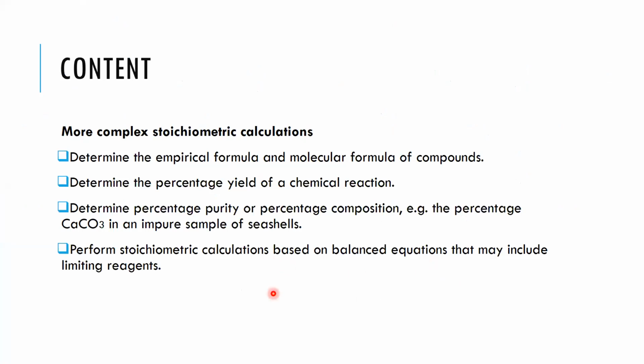When we look at the content today, we don't see mole ratio mentioned here, but for example percentage yield, percentage purity, any kind of stoichiometric calculations on a balanced equation, and limiting reagent all use mole ratio. That's the basic thing we need to know about mole ratio.